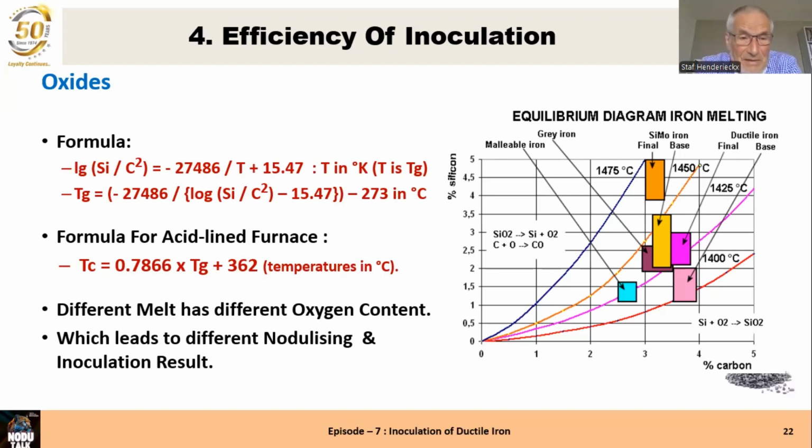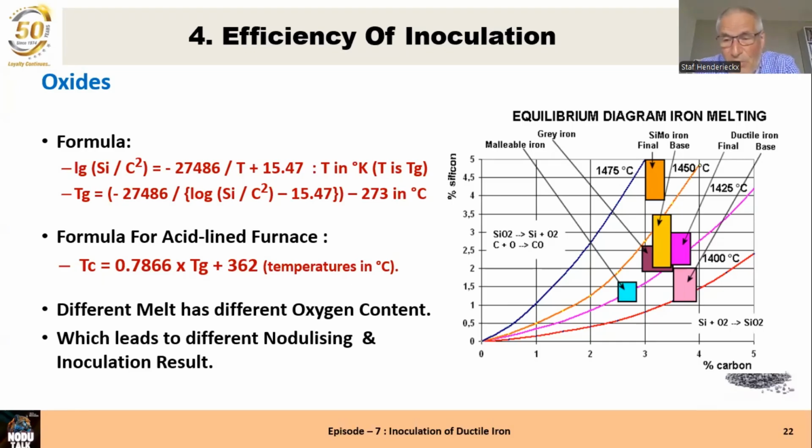So the TC and TG depend on the silicon and the carbon that is already in your liquid metal. Each melting has a slightly different temperature, and we really have to realize that we have to do a consistent melting, same temperature, same timing, to make sure that we have a good and the same metal for doing the nodulizing and the inoculation.